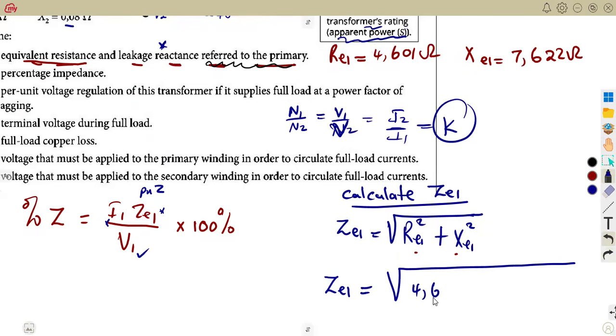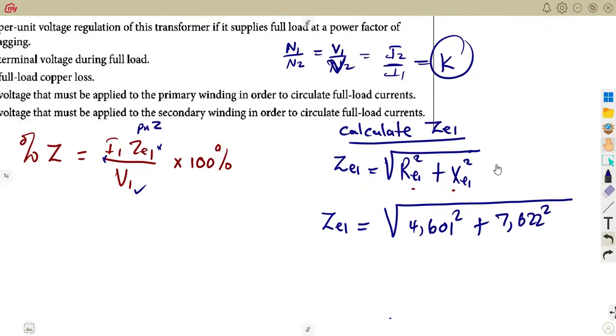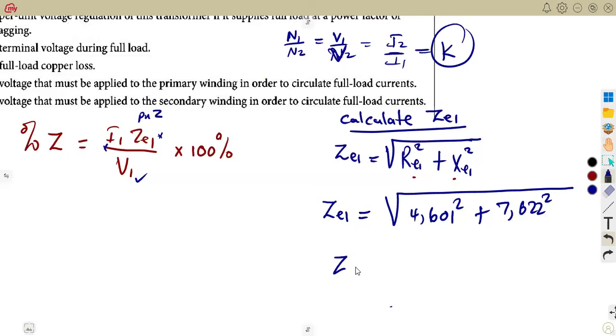That's going to be 4,601 squared plus X is also given. We calculated this. So with this, we're going to substitute our values, guys, on our calculator. That was going to give us something like 8,903 ohms as the equivalent impedance as referred to primary side. That is what we have there. So we now have the Z.